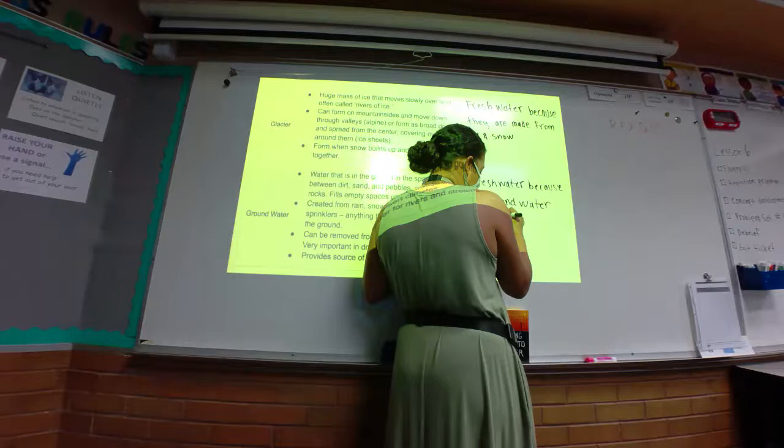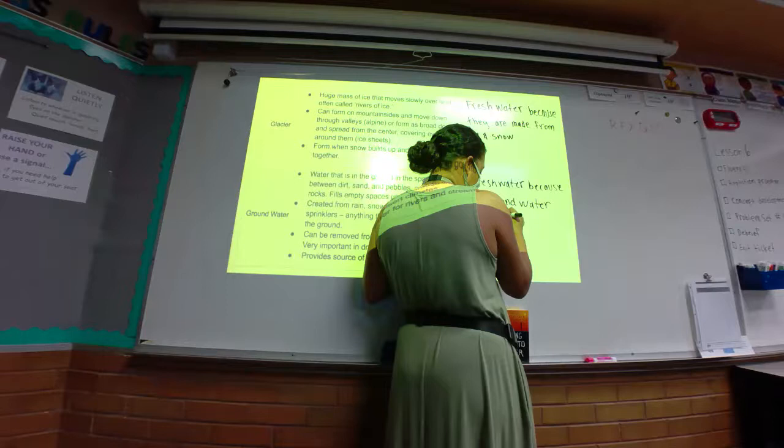What's a reservoir? A reservoir is like where you can get water from that's man-made. I don't know what's a glacier. We just talked about it. Did you write it down? So a glacier is formed from snow.